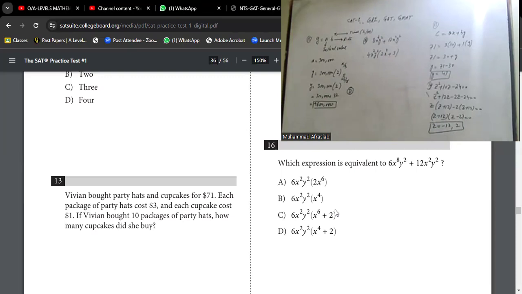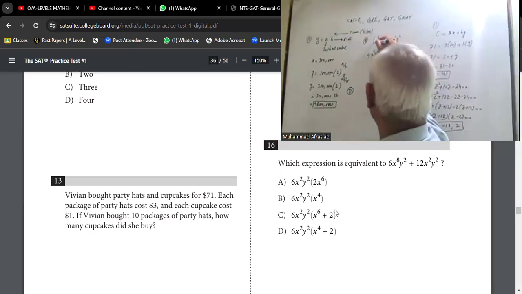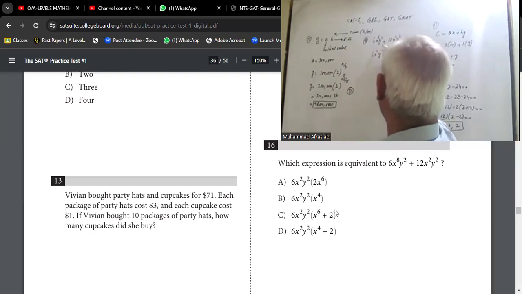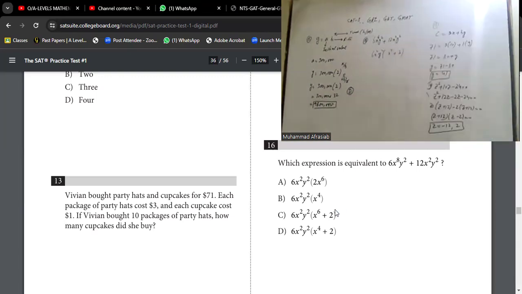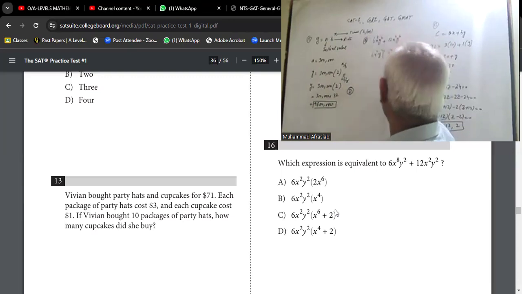so 6x square. So here it should be 6 x square y square, then it should be equal to x power 4 plus 2 is x power 6, sorry.